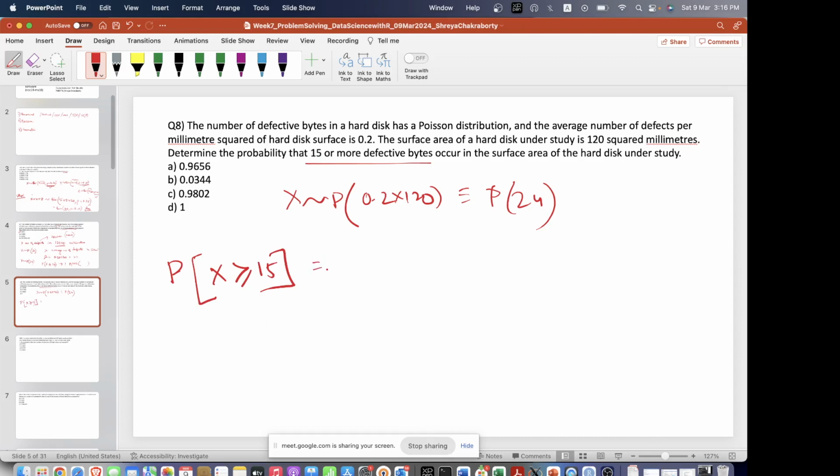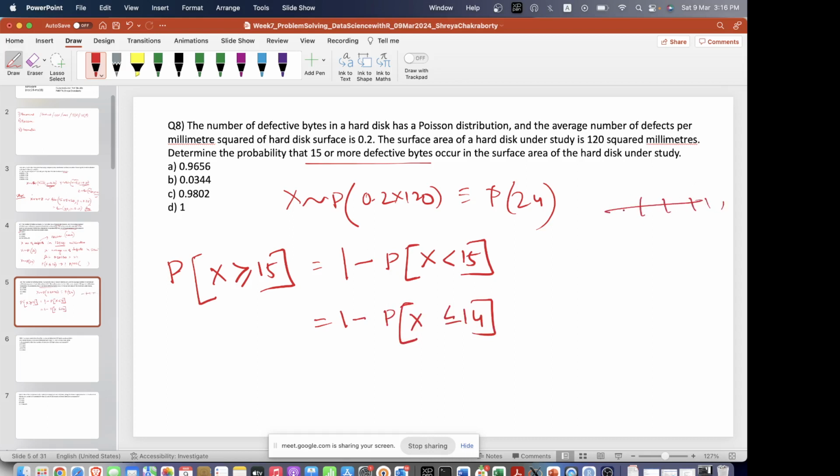So what we could do, this we can write as 1 minus probability X less than 15, which would be 1 minus probability X less than or equal to 14, because X can only take integer values. Remember, X is countable, it's defects. You cannot have half a defect.